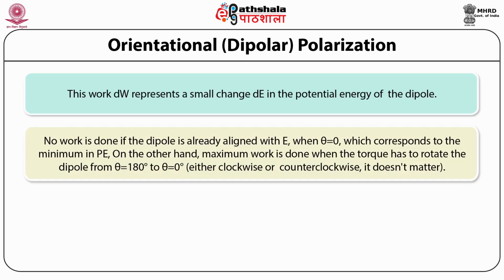No work is done if the dipole is already aligned with E, when theta is equal to 0, which corresponds to the minimum in PE. On the other hand, maximum work is done when the torque has to rotate the dipole from theta equal to 180 degrees to theta equal to 0 degrees, either clockwise or counterclockwise; it does not matter.